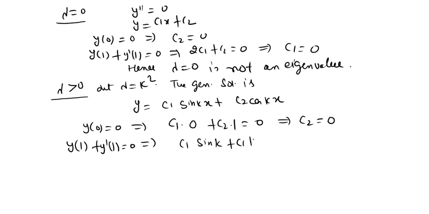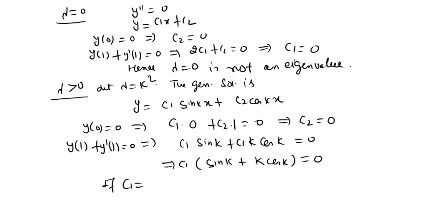So you can take c1 outside: sin k plus k cos k equal to 0. For a non-trivial solution, c1 is non-zero, so we need sin k plus k cos k equal to 0, or k equal to minus tan k.